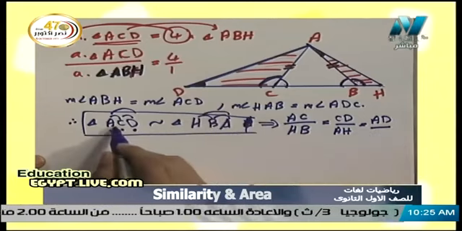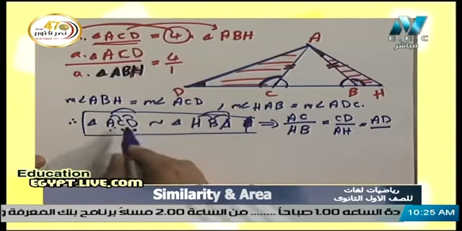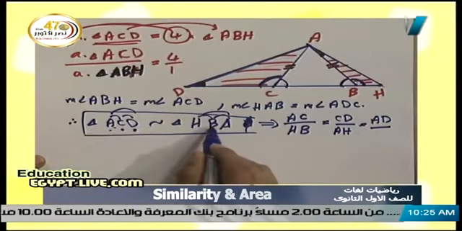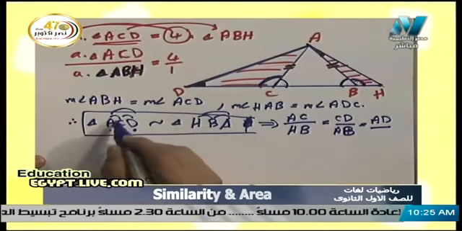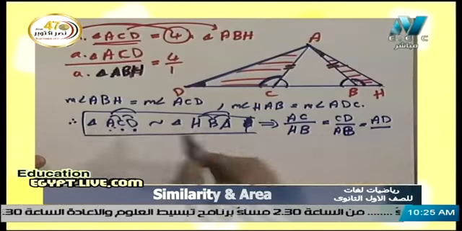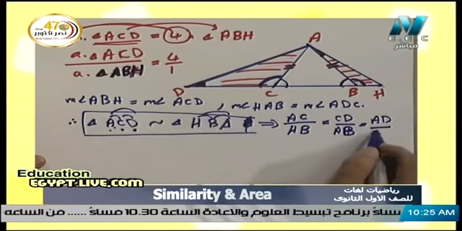Again, AC over HB equals CD over BA, and AD over HA.